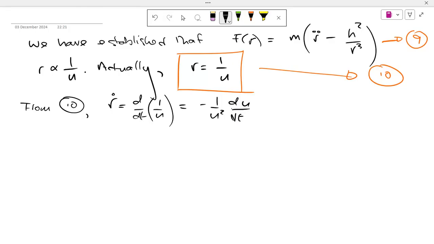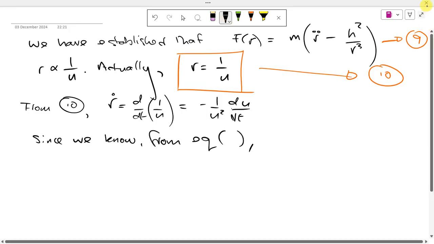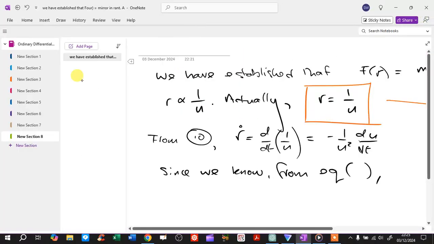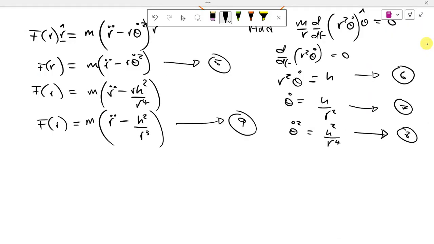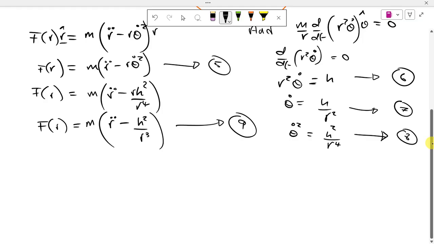Now we know from equation, and let me just check which equation that is. I might not have even given it a number. Let's just have a look here. Oh, there we are. A little bit slow to respond.